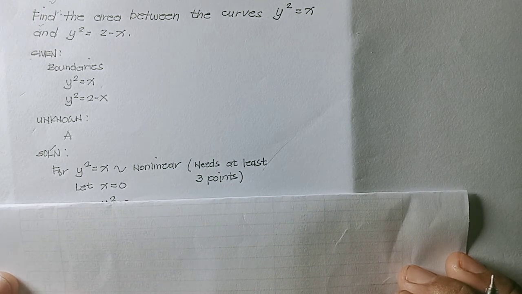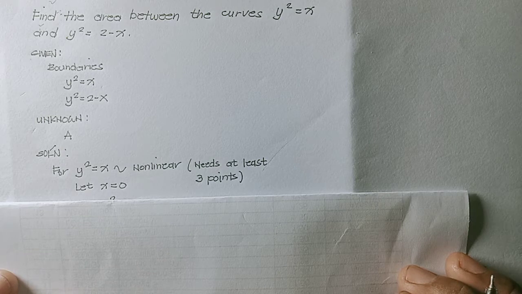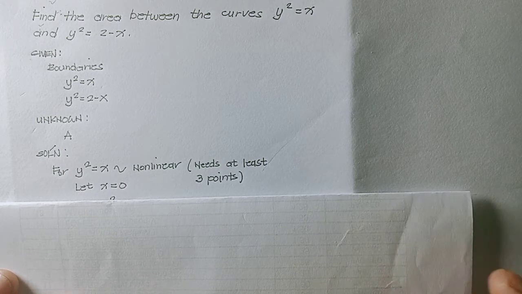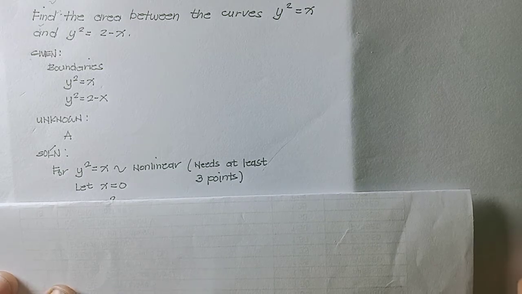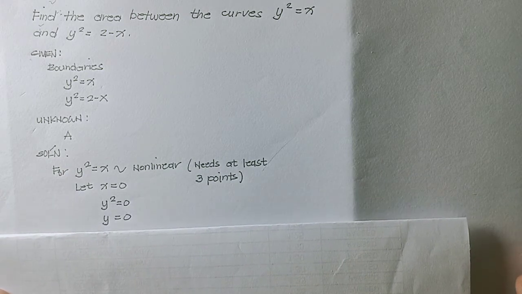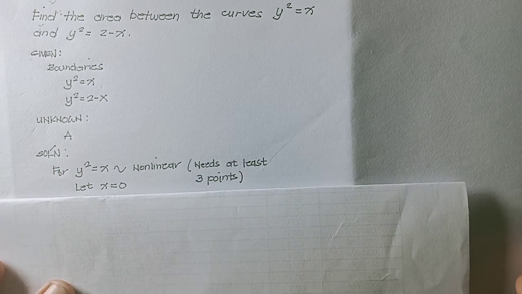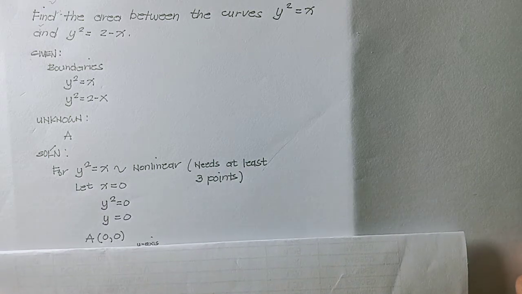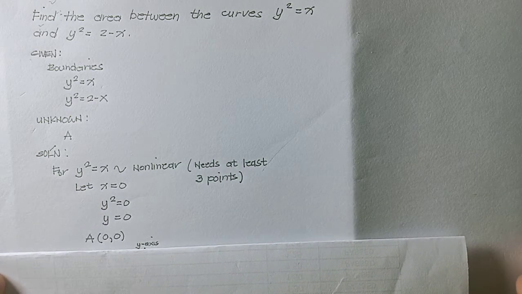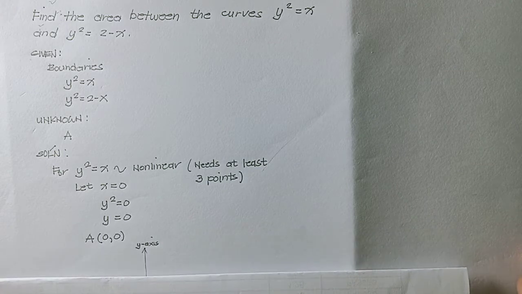These are points of intersection between the graph and any of the two reference axes. Now if we set x as 0, we will be able to solve y as 0. When we set x as 0, we are trying to solve for the y-intercept. Our y-intercept is at 0, 0, and this is actually at the origin.